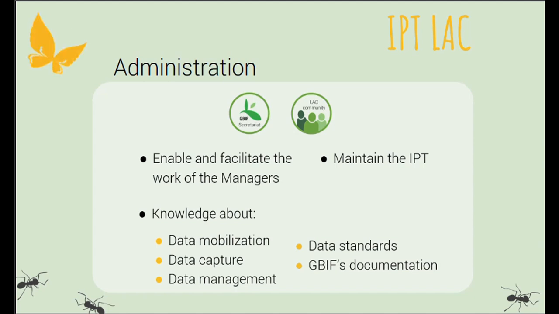Preferably, an administrator will have a solid understanding of the data mobilization process, including data capture, data management, and data publication. A strong familiarity with data sharing standards, such as the Darwin Core Standard and GBIF's data mobilization documentation, is important so that the administrator can assist publishers as well as manage the function of the IPT.